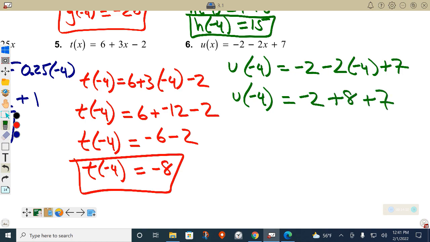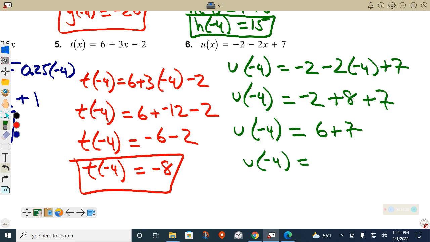A negative 2 times negative 4 is a positive 8, and my coffee has kicked in. So u at negative 4 is going to be negative 2 plus 8, I want to say is 6, plus a 7. So the u at negative 4 then is going to be 8, 9, 10, 11, 12, 13.